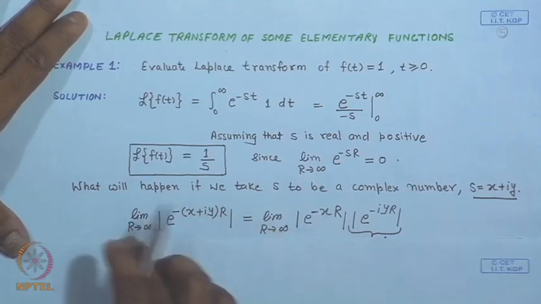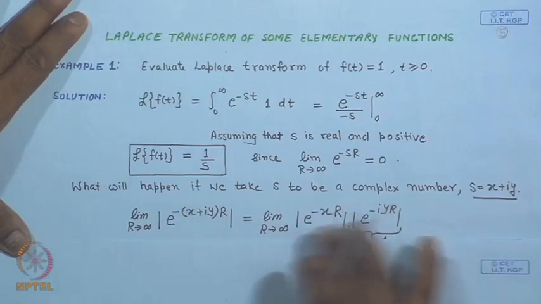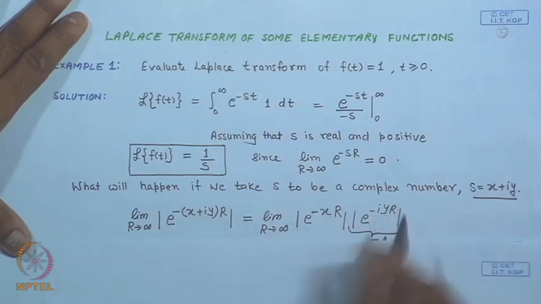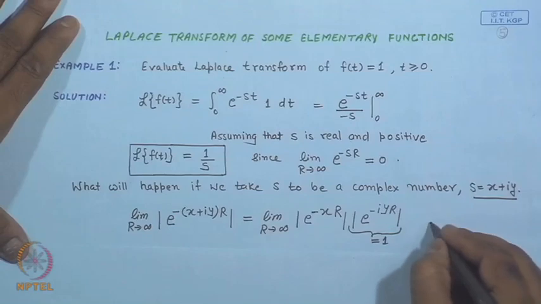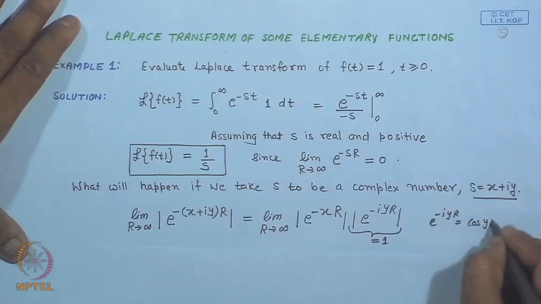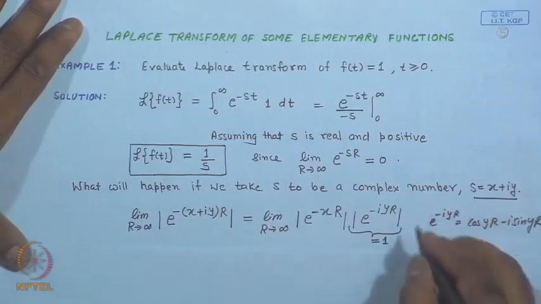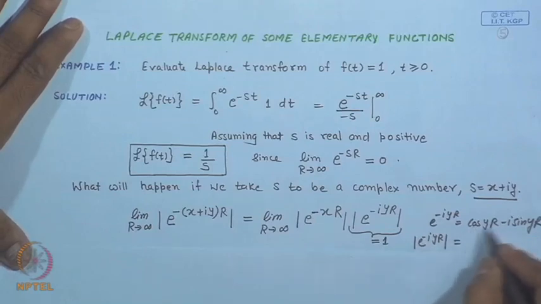So, what we have is the limit as r tends to infinity of the absolute value of e power minus x r, and the absolute value of e power minus i y r, and this is 1, simply because e power minus i y r is nothing else than cos y r minus i sin y r, and if you take the modulus, it is the square root of cos square y r plus sin square y r, and that gives us 1.